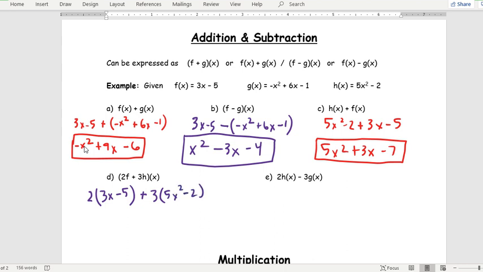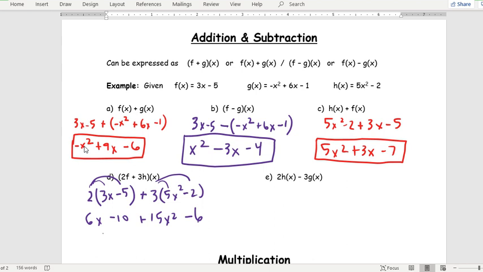So I'm going to distribute first, and then we'll combine like terms. So 2 times 3x here gives us 6x. 2 times negative 5 gives us negative 10. 3 times 5x squared gives us 15x squared. And 3 times negative 2 gives us negative 6. So let's put all those like terms together.